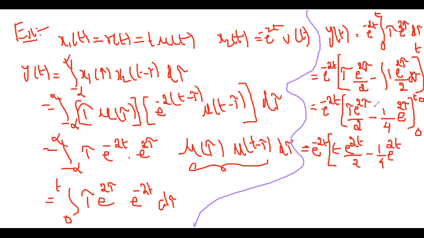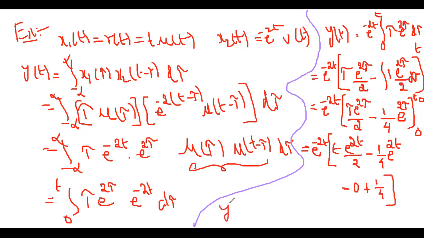That is the upper limit of the two terms. For the lower limit, take the minus and substitute 0. The first term is 0, and the minus into minus is a plus, 1 by 4 into e power 0, which is 1, so 1 by 4 here. Okay, my dear students.